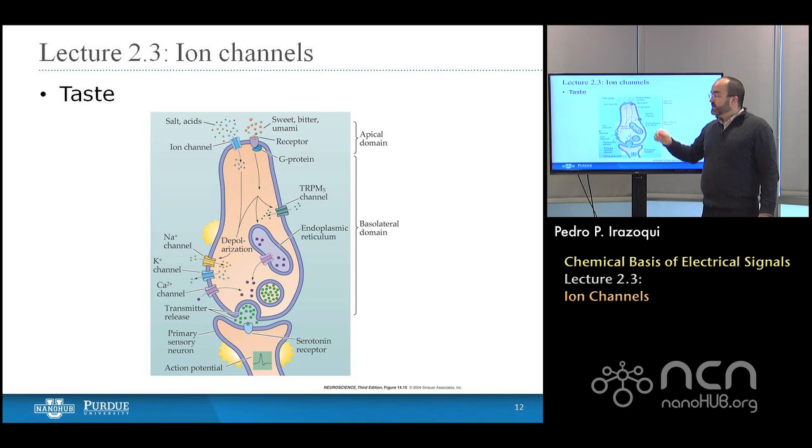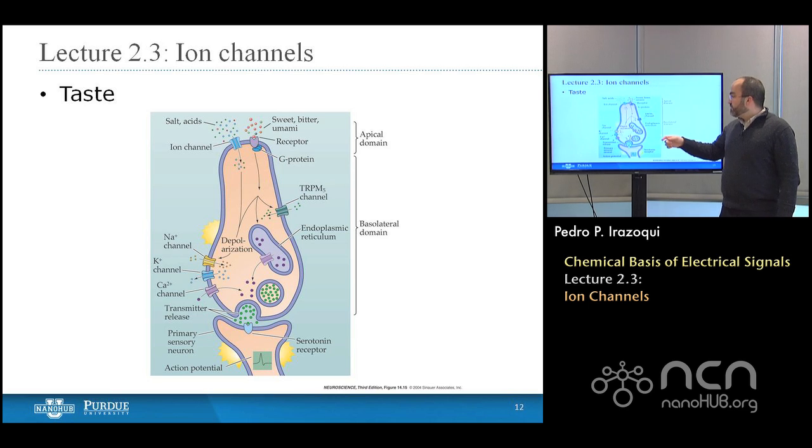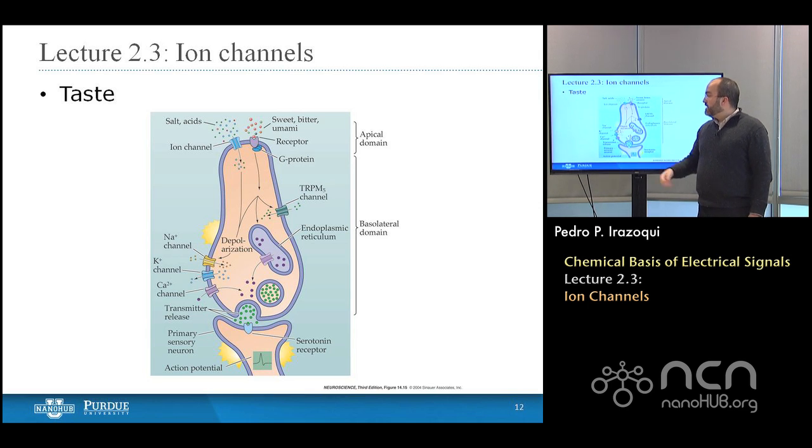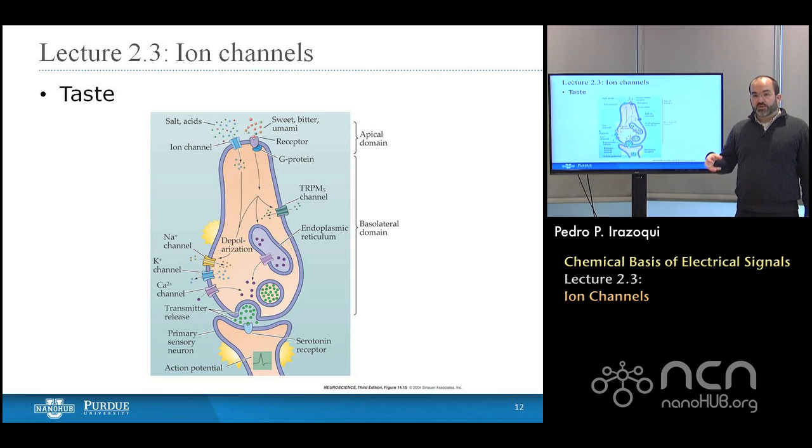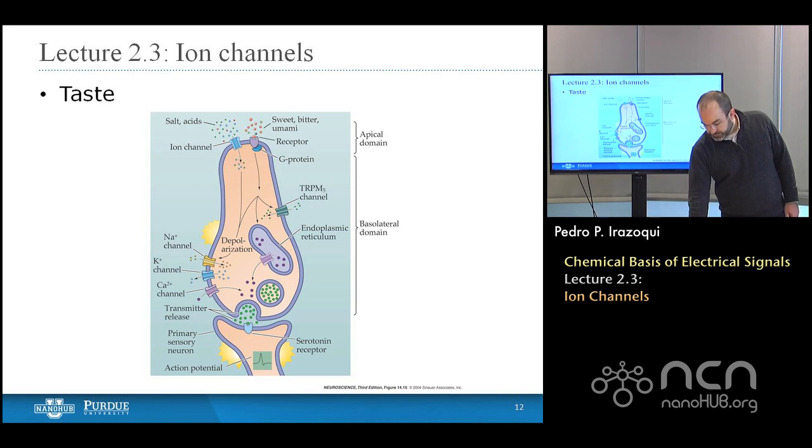That receptor releases a G protein. The G protein goes through a cascade, which leads to the release of neurotransmitters inside the neuron, which opens up the ion channel, allowing the cell to depolarize and to create an action potential, which the postsynaptic neuron here sees and conveys back to the central nervous system.